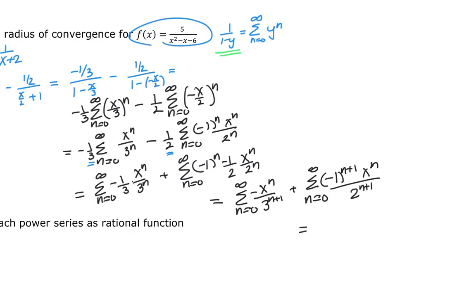And now I'm going to combine these to the summation of n equals 0 to infinity of negative x to the n over 3 to the n plus 1, plus negative 1 to the n plus 1, x to the n, over 2 to the n plus 1.